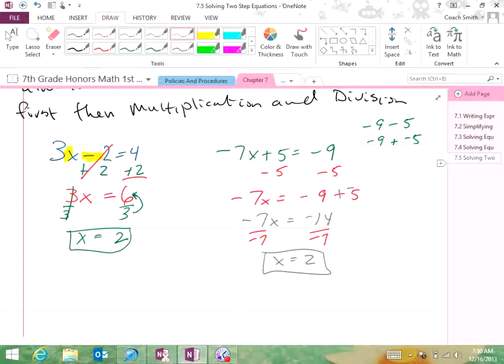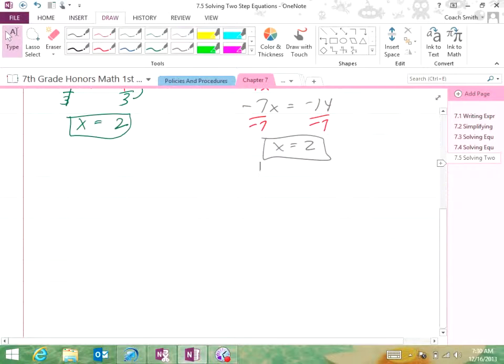Okay, now, if we have x over 5 minus 6 equals 5, we do the inverse, which is to add 6 to both sides.